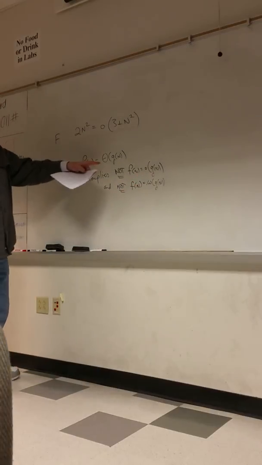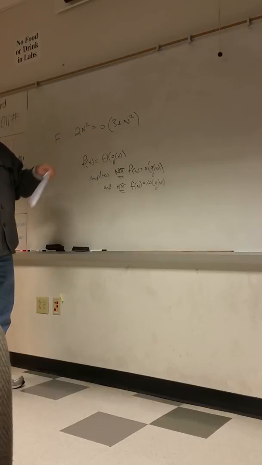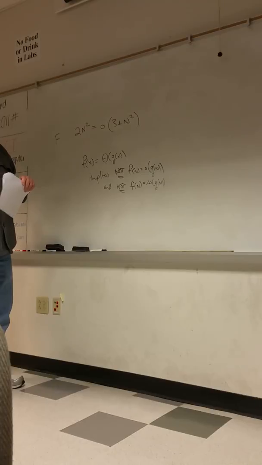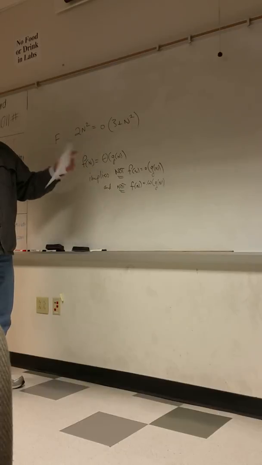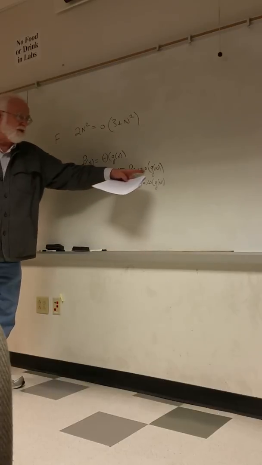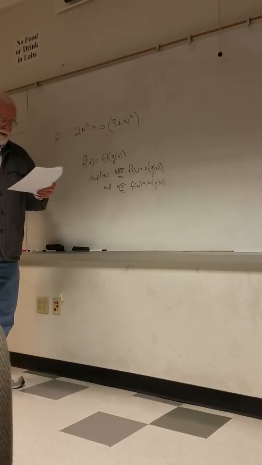Because this says they're the same. They're the same because if I take the limit of the ratio, I get a positive constant. Okay? So they're in the same big theta class. If they're in the same big theta class, then it's not true that one's strictly less than the other or strictly greater than the other. And that's what these two symbols mean. Okay?